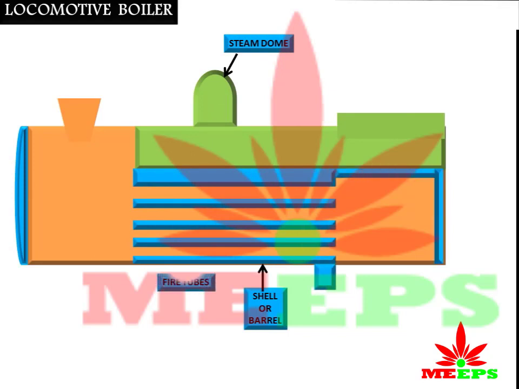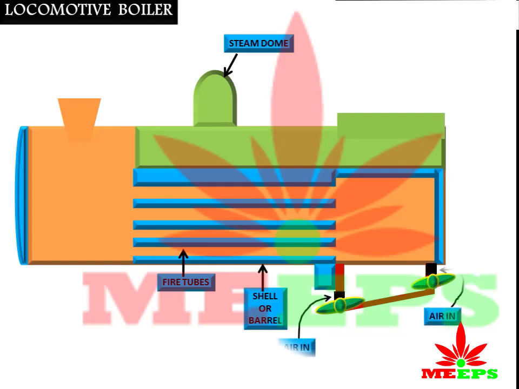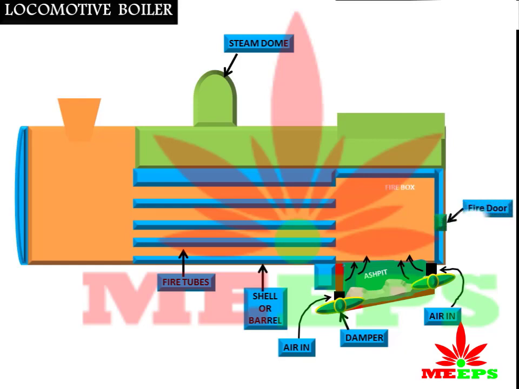These are the fire tubes, and these are the dampers, for controlling the supply of air. This is the ashpit, and this arrow shows the path of the air that enters into the firebox. This is the firebox.